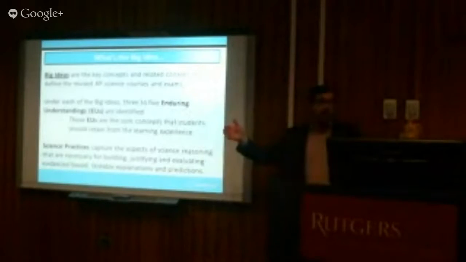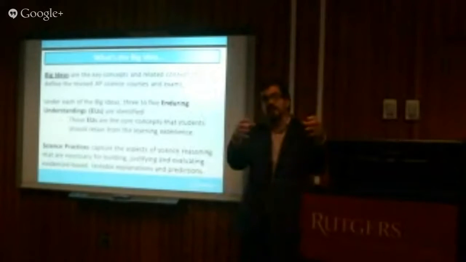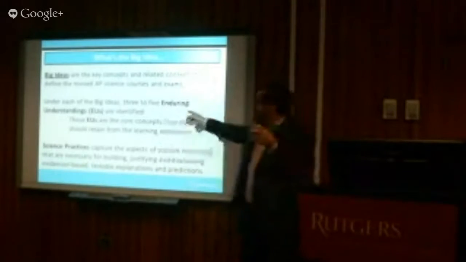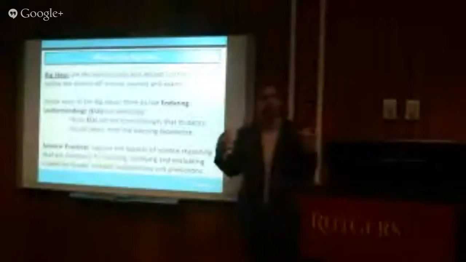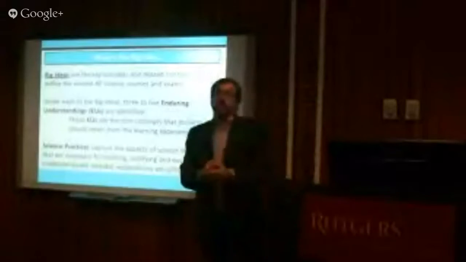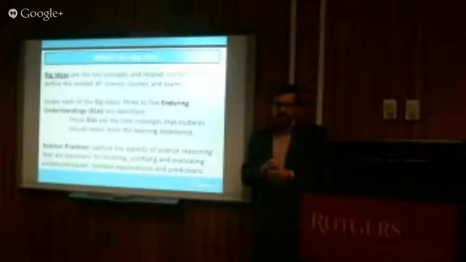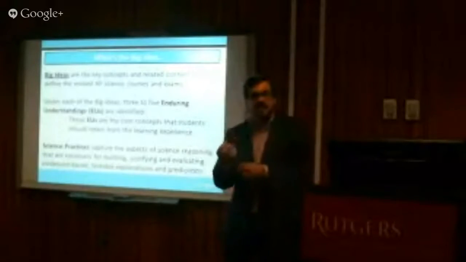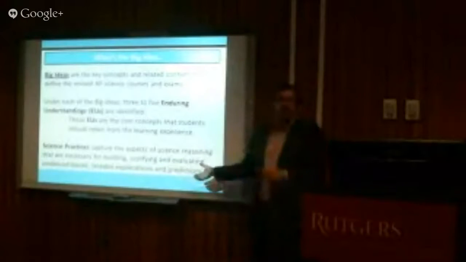So rather than the mile-wide, inch-deep, we wanted to narrow the scope of the content, organized around these big ideas. Then we wanted to unpack each one of those buckets into something we would call enduring understandings, or durable learning. I'll talk more about what each one of these components is in just a minute. And then, to really address the idea of being able to use the science content knowledge, we wrote science practices.